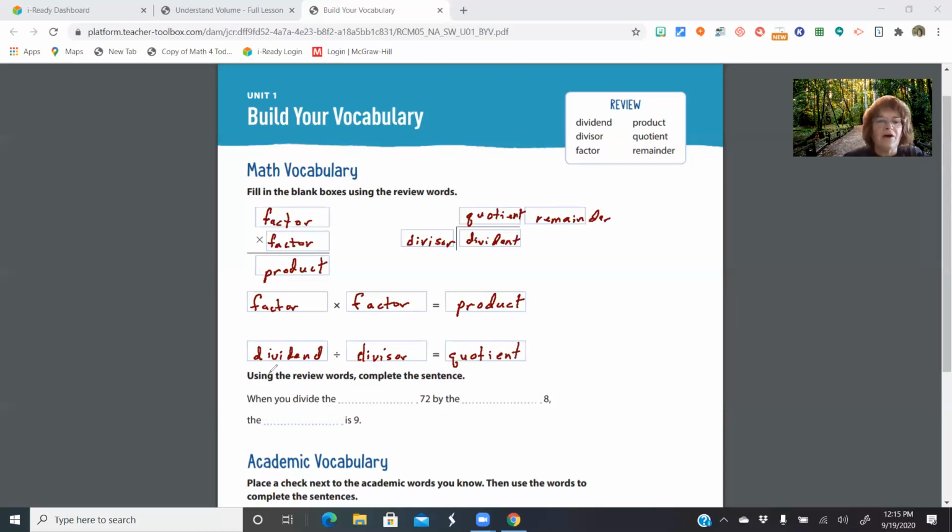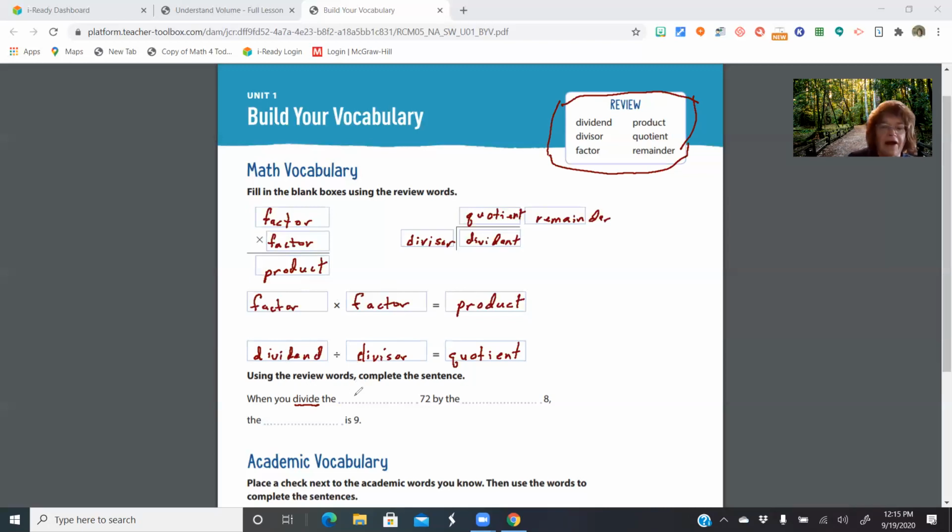All right. So now our instructions say, using the review words, once again, the review words are up here, complete the sentence. When you divide the blank 72 by the blank 8, the blank is 9. The word we want to look for here is divide. So we know we want to use our division vocabulary because we want to divide. We're not going to use our multiplication vocabulary.